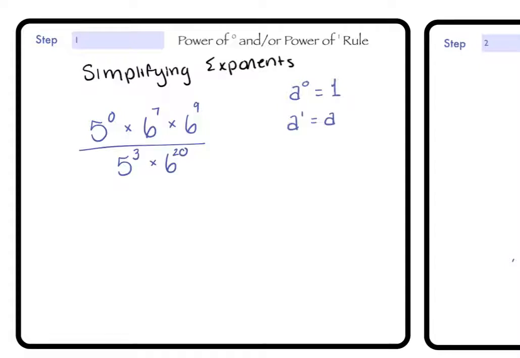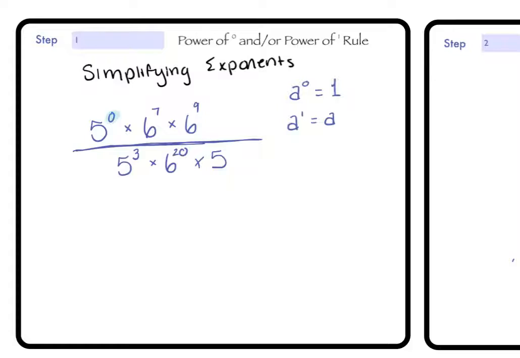If not, then we'll just do a new example. So here, do I see any power of 0 or power of 1? I'm just going to add one more thing here, just so that we are 100% fully aware of what the power of 1 is. Do we have a power of 0? Yes, we do.